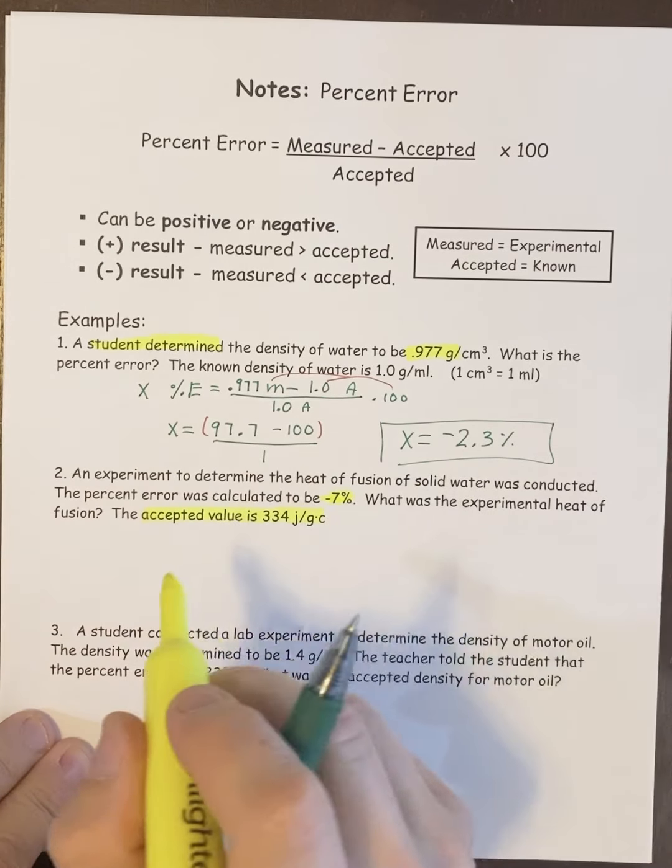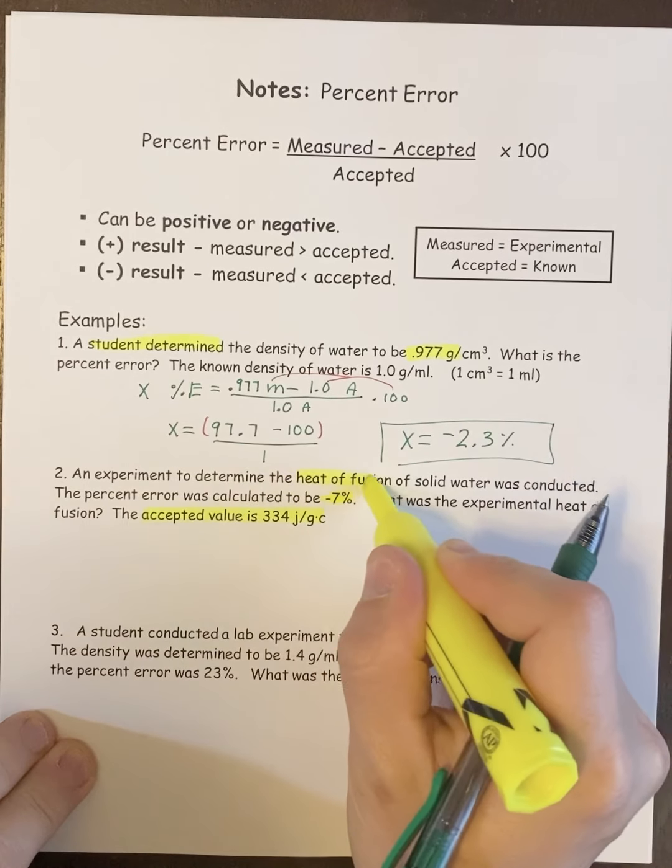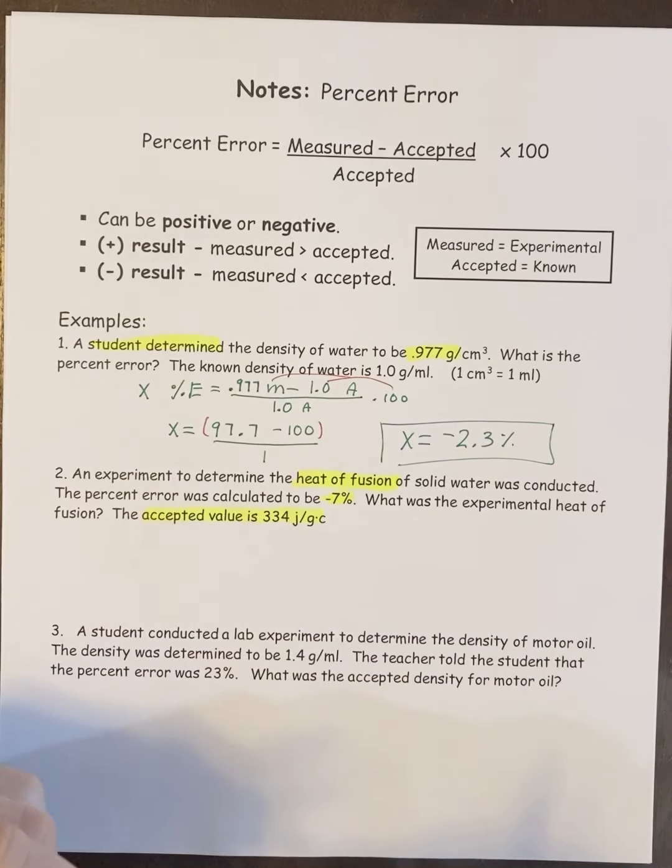Now, if you notice, we're talking about the heat of fusion. Now, I did this intentionally. You most likely do not know what the heat of fusion is. It's a concept that you typically learn in chemistry, and you haven't learned it yet, so therefore you don't really know what it is. The reason I did that is simple.